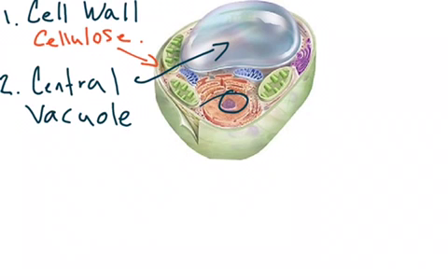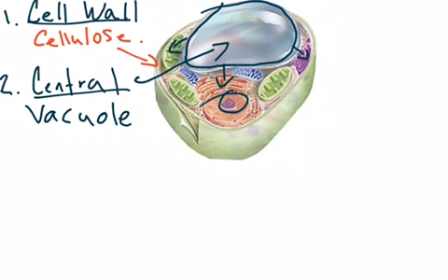When a plant is hydrated, this large central vacuole is going to be filled with water, and it's going to expand and push all the organelles up against the cell wall. So it will get some pressure, some structure from the large central vacuole when it has a lot of water in it, okay? So both the cell wall and the central vacuole assist in the plant structure.